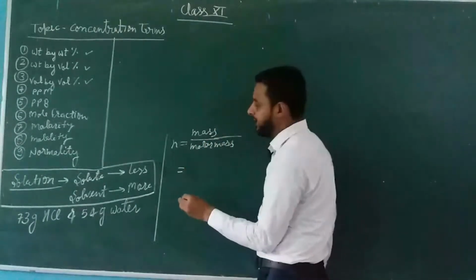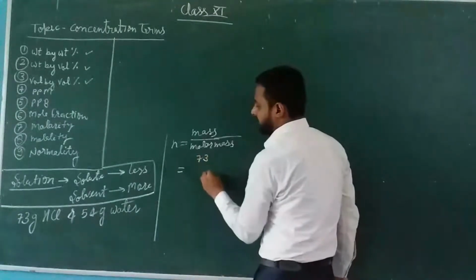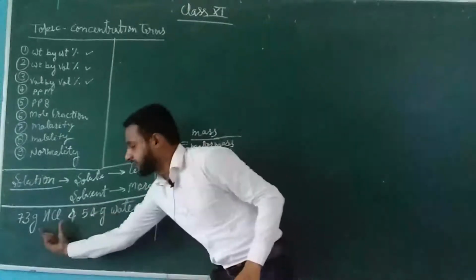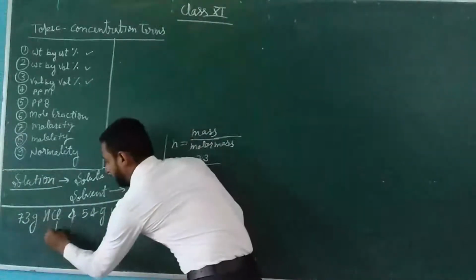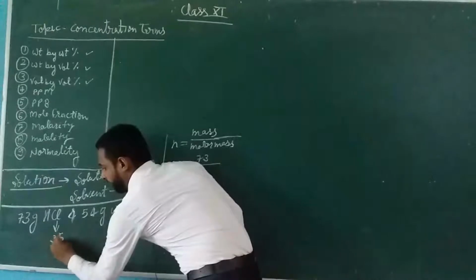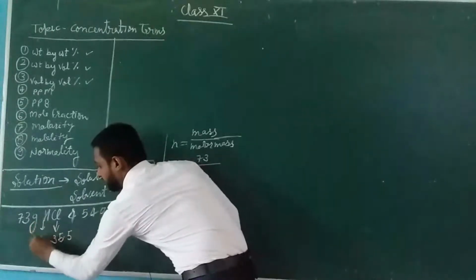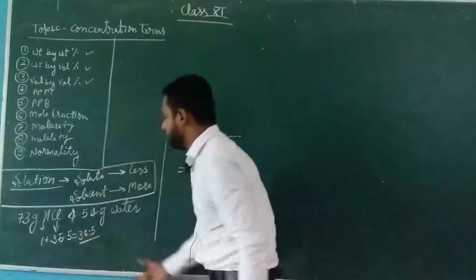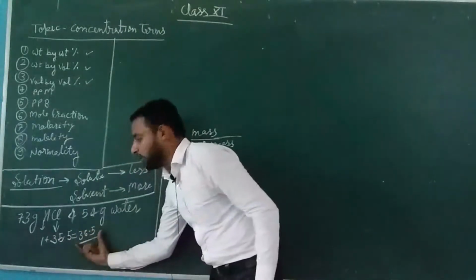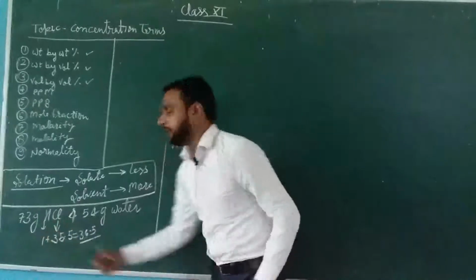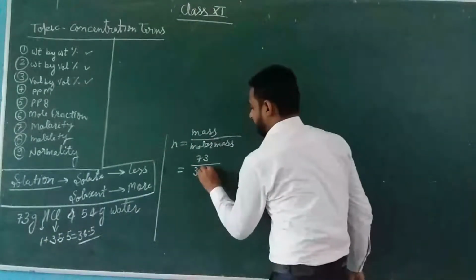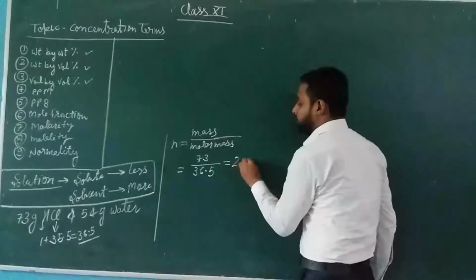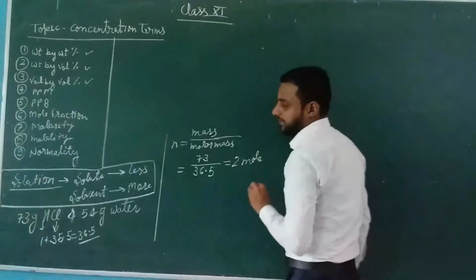For HCl the given mass is 73, and the molar mass of HCl: mass of chlorine is 35.5 and mass of hydrogen is 1, so finally 36.5 is the molar mass of 1 mole of HCl. So when we calculate, we get 2 moles of HCl.